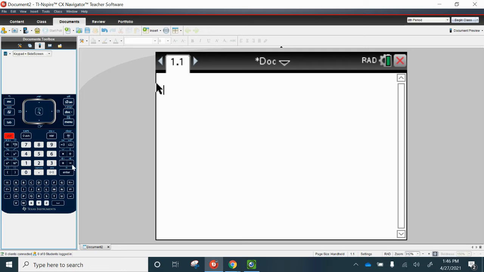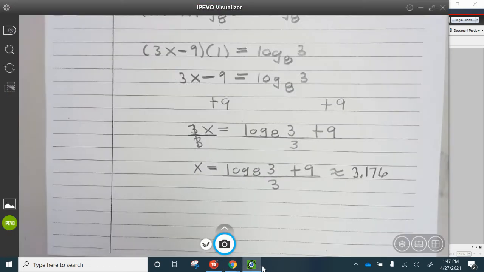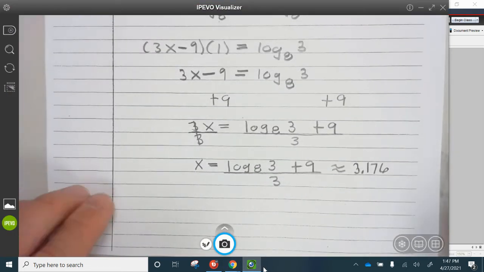So press Control divide, Control log base 8 of 3 plus 9 divided by 3, which is 3 point, they want it to 3 decimal places, so 3.176. Okay, go and finish up question 7.